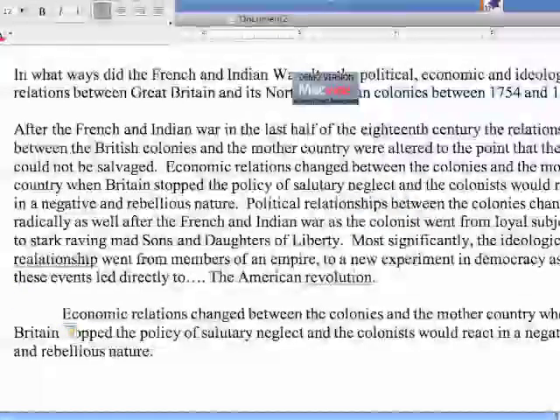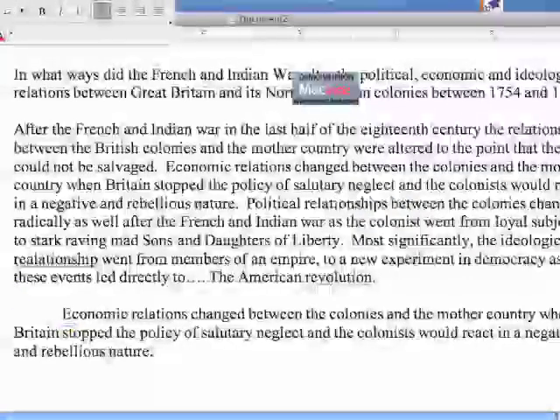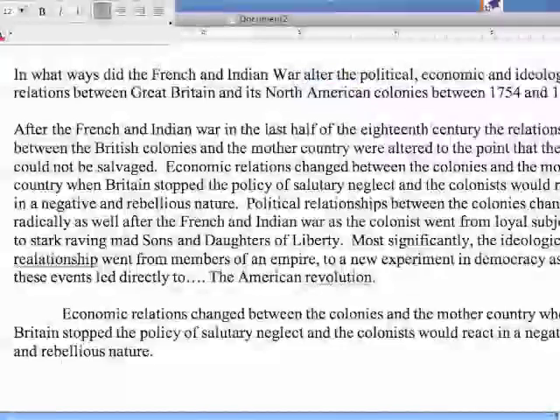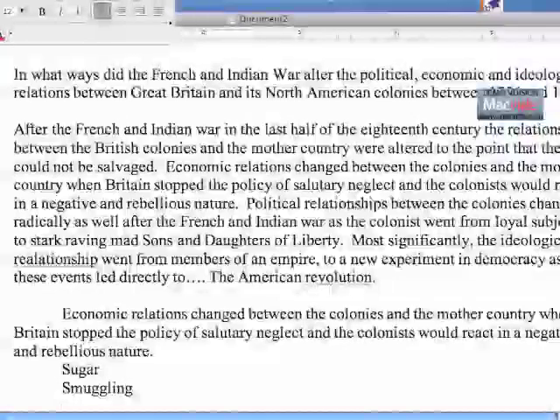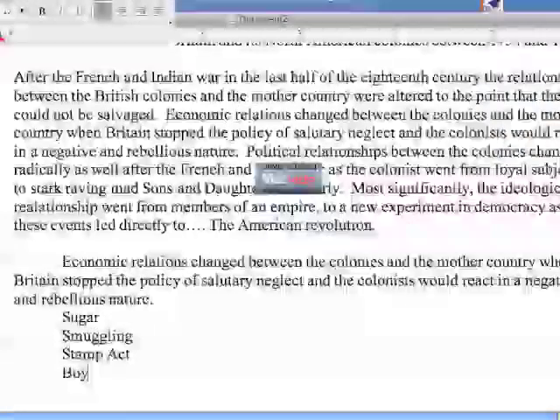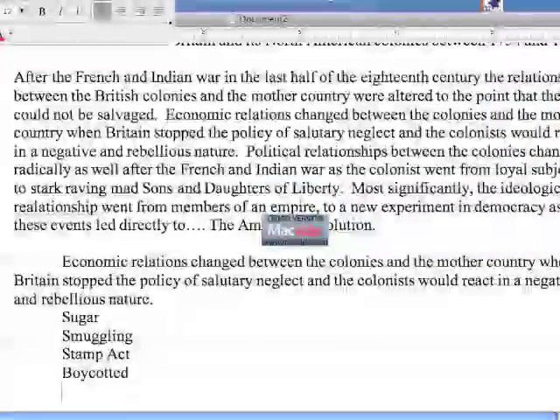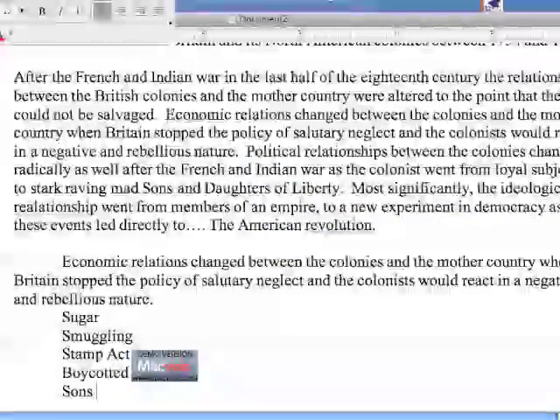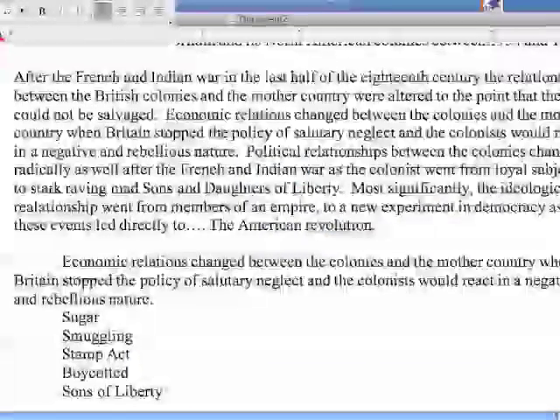I'm not going to write the whole paragraph for you, but we know the following things to be true: that the Sugar Act was enacted to try and collect taxes, and it didn't work because of smuggling. So in order to raise money, the British tried the Stamp Act, but the colonists boycotted this act. We know that the Sons of Liberty became engaged in this whole process.